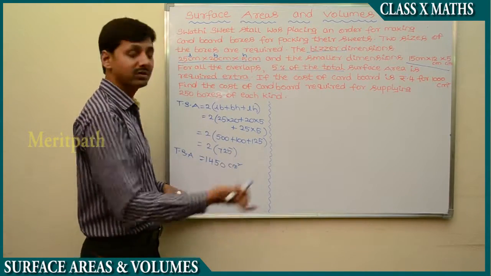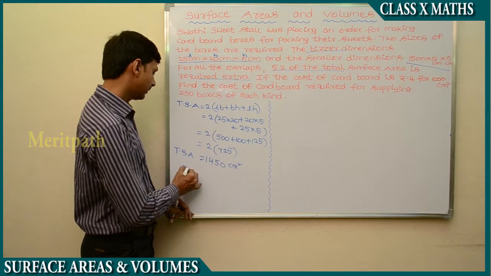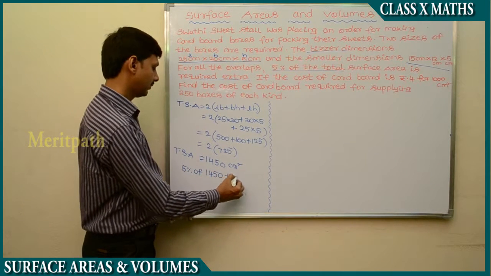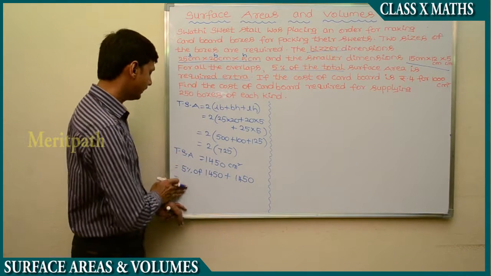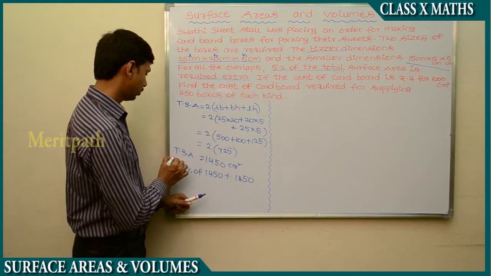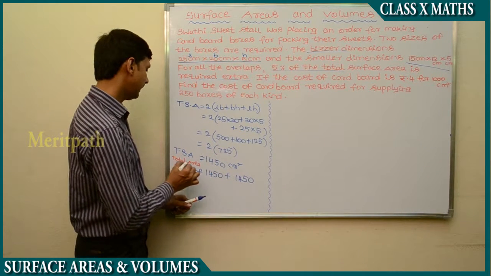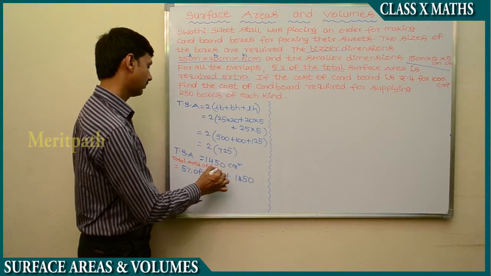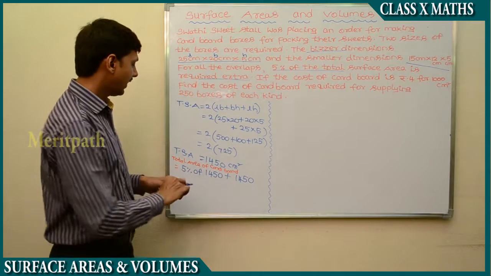Let's take 5% of this 1450 plus this 1450; the total area of cardboard required is what we need to find. So let's find out 5%.